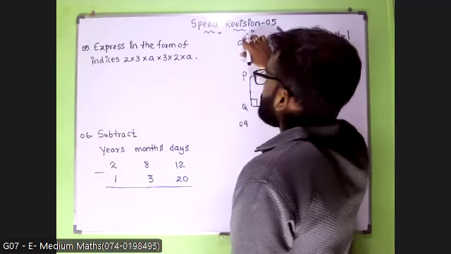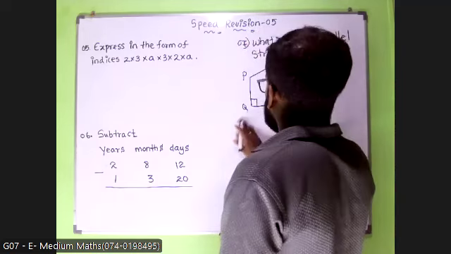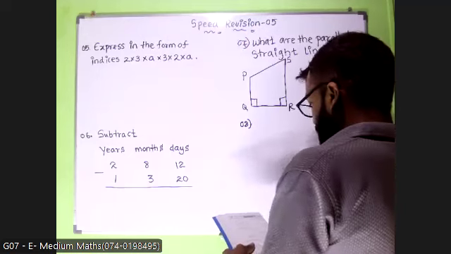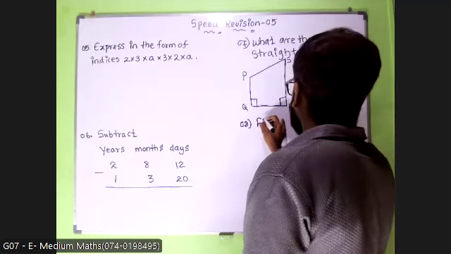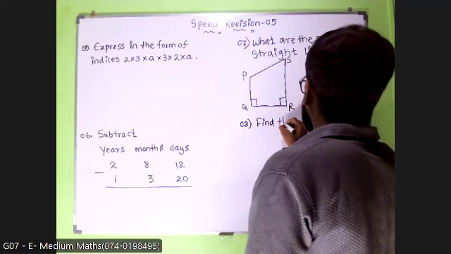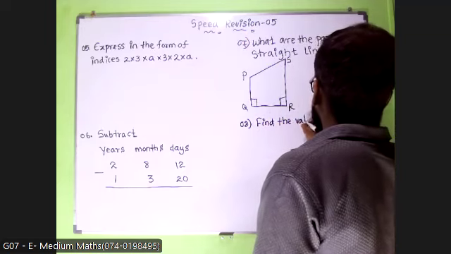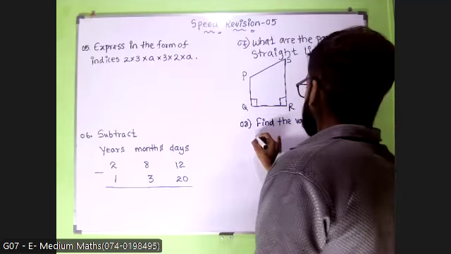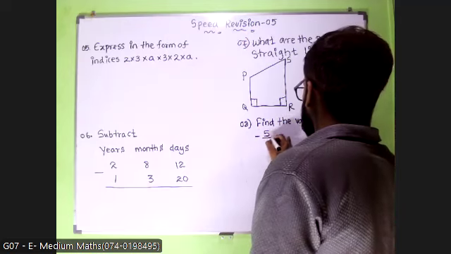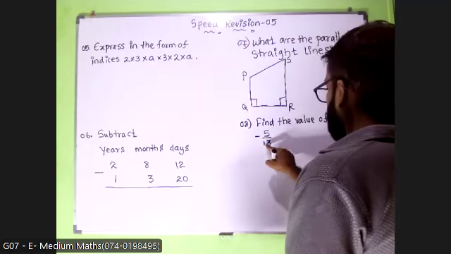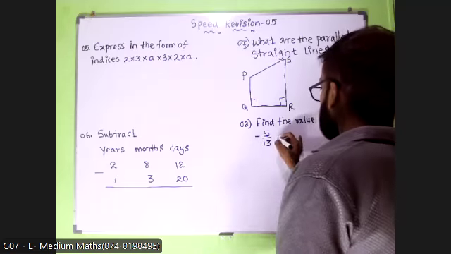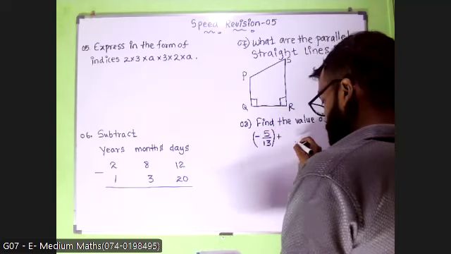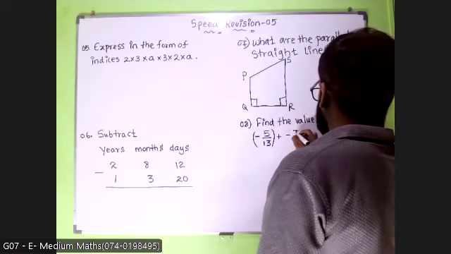Five, 7 part and 8 part. Find the line. Minus 5 upon 30 plus minus 7 upon 30.